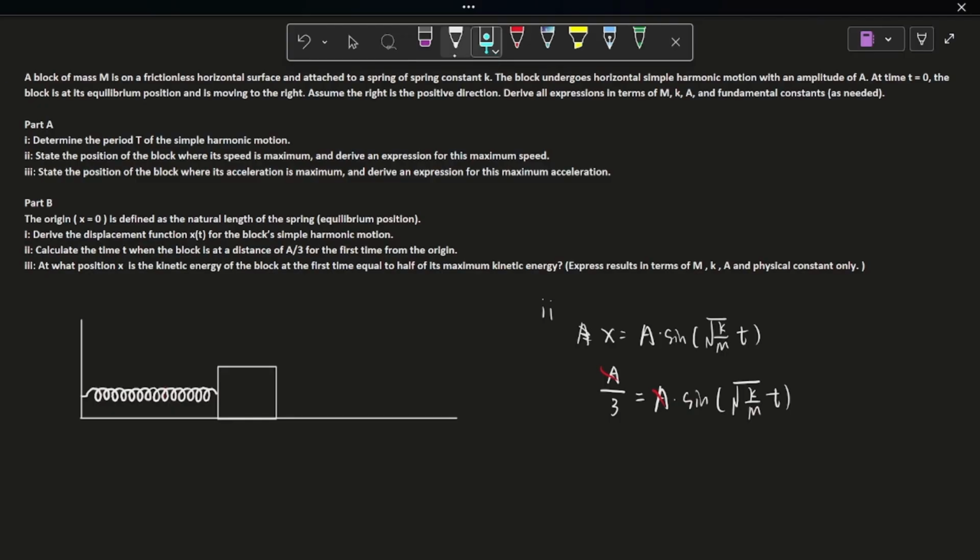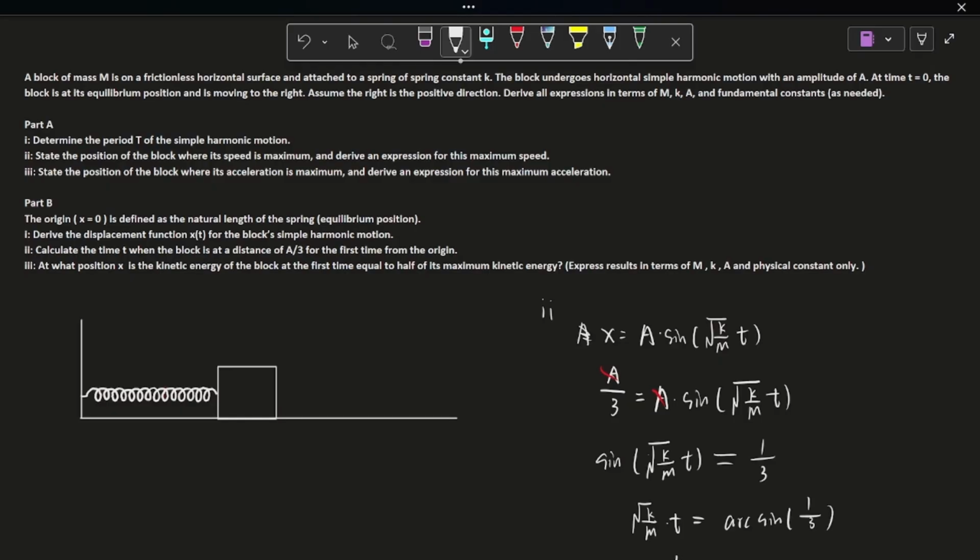So sine of square root of k over m times t will be 1/3. If you know a little bit of trigonometry, you'll solve it very easily: square root of k over m times t is equal to arc sine of 1/3.